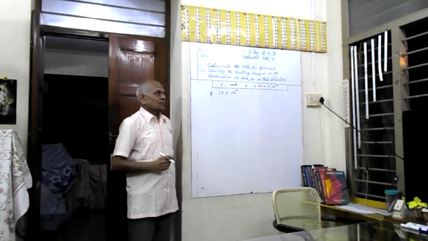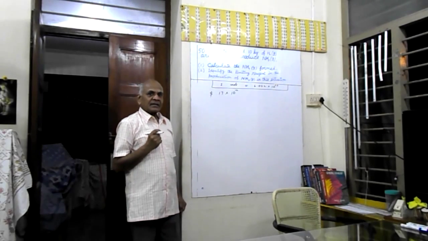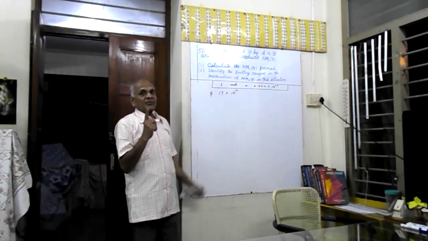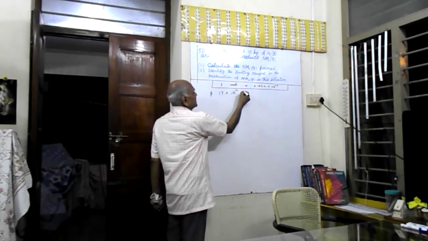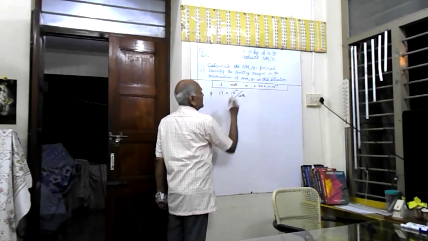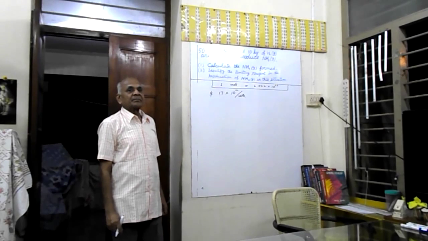That is the total production of goods and services. This is the production in 1 week, so it is per week.